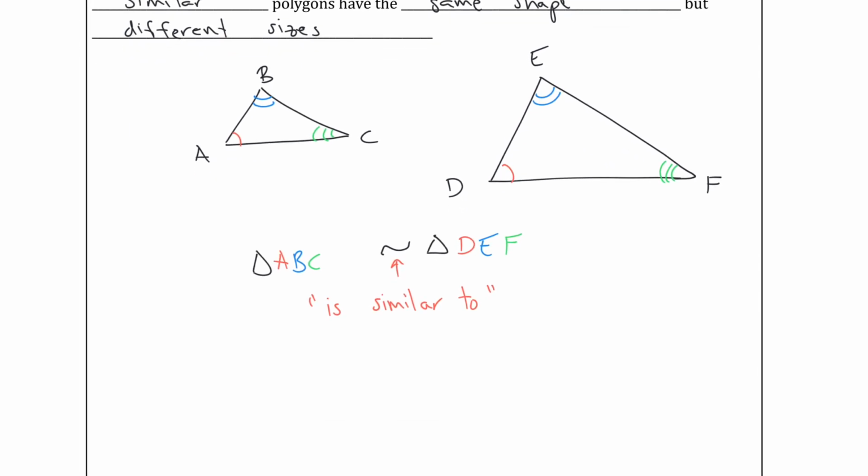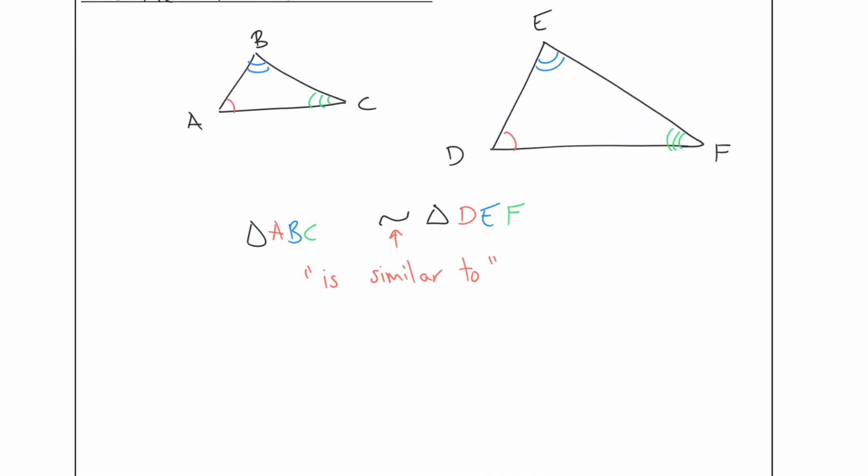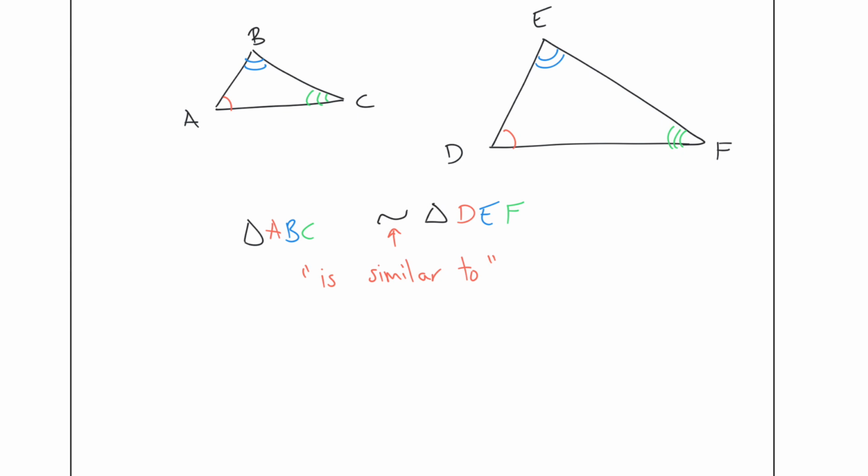Now, there are two things that we need to note regarding similar polygons, two properties that they have. The first property is the fact that they have congruent angles. And we've already marked all of them in the triangles. So let's list them.